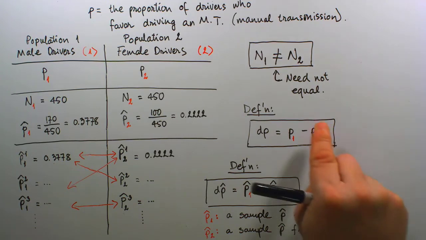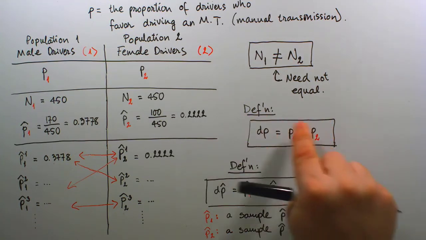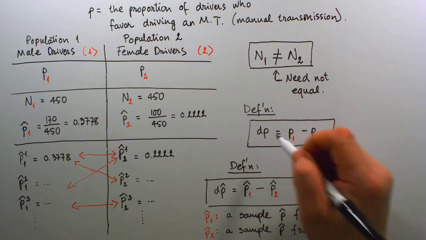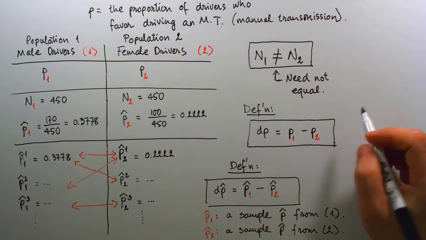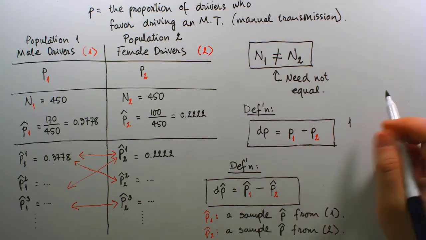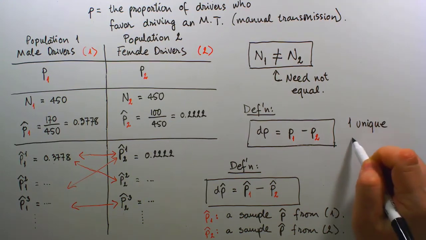So now I tell any viewer, any of my students, this value dp, once we have defined it, can only have one unique value.